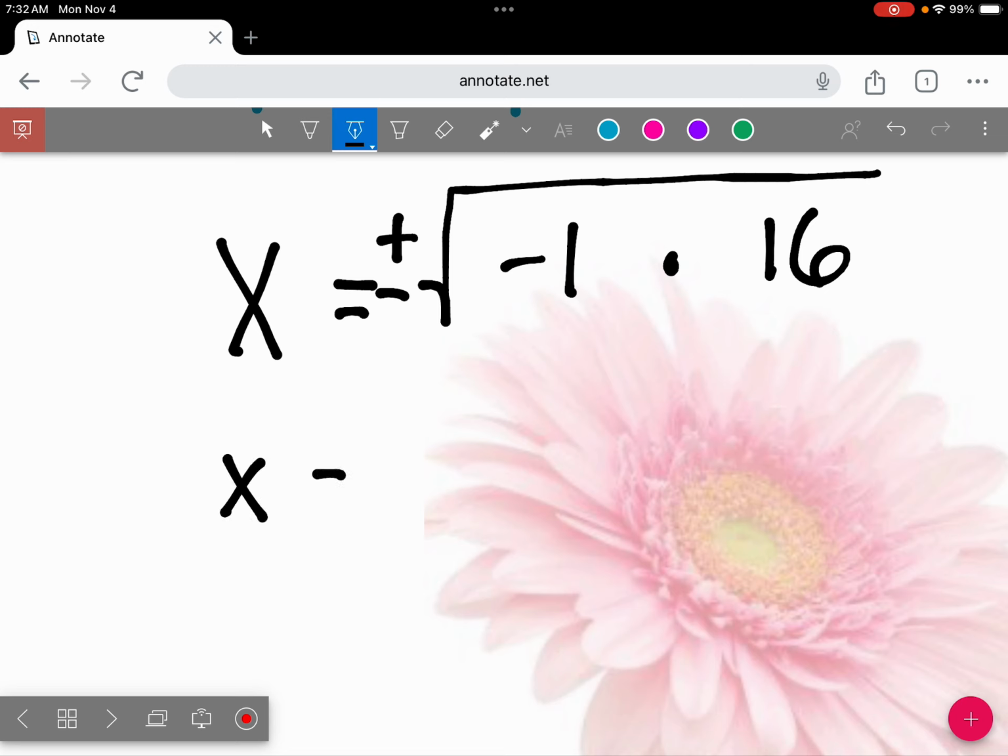So our x is plus or minus the square root of 16, which is 4, and the square root of negative 1 is i. You said 8. So plus or minus 4i. So even when we have imaginary roots, we're still going to include that plus or minus.